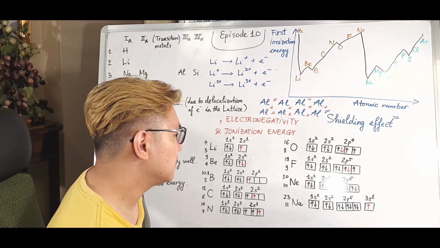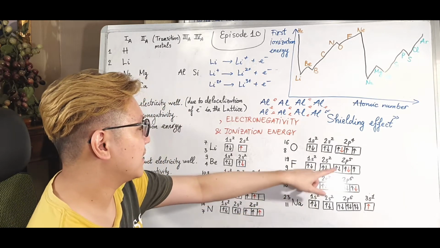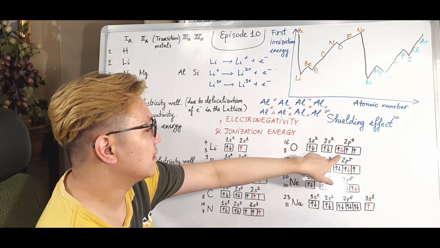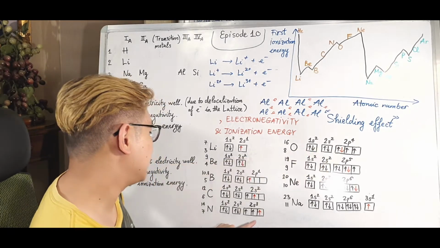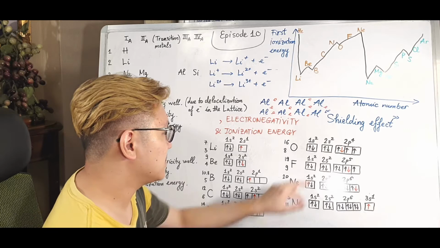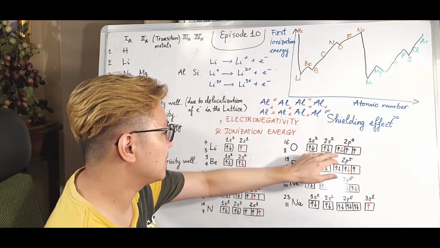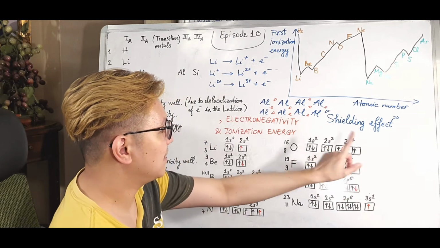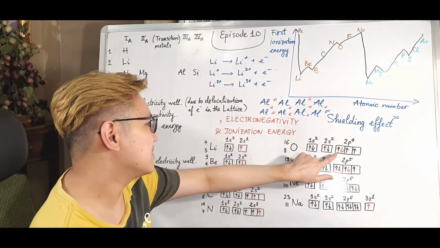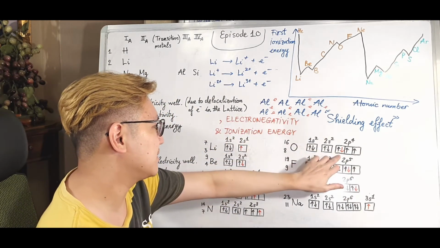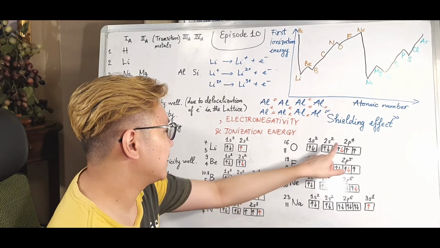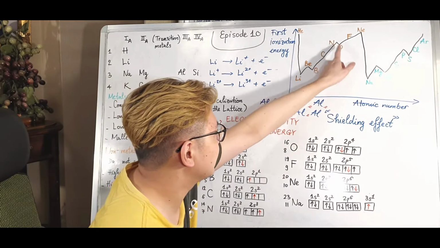Compared to the other two cases, this electron seems rather easier to remove compared to the nitrogen case, because this electron doesn't seem to be shielded very well by these three. Up, but this one is down. So it's not really easily shielded by the other electrons. So that's why this one dropped down.